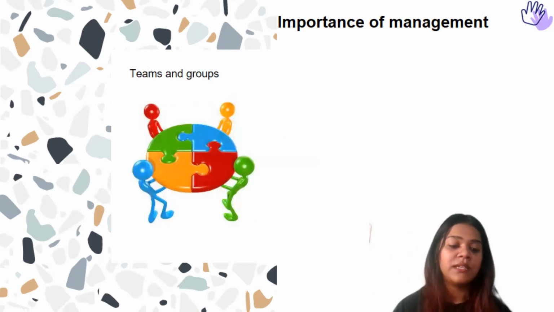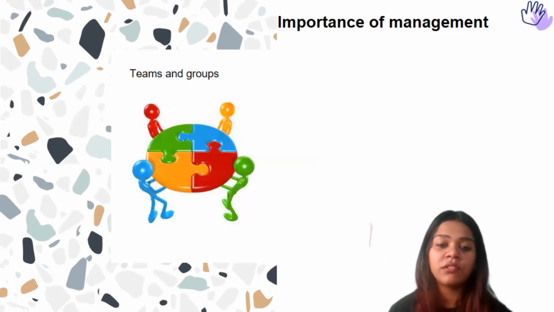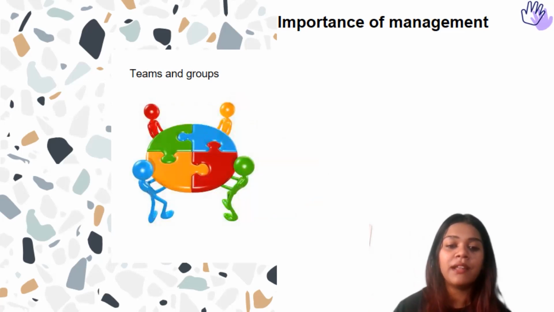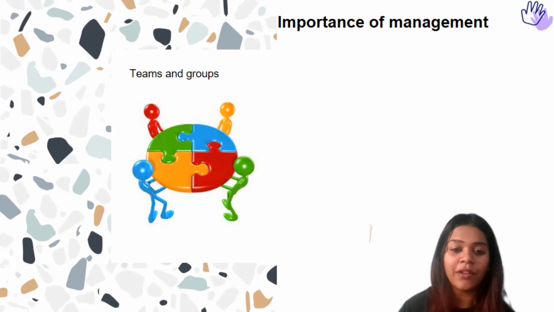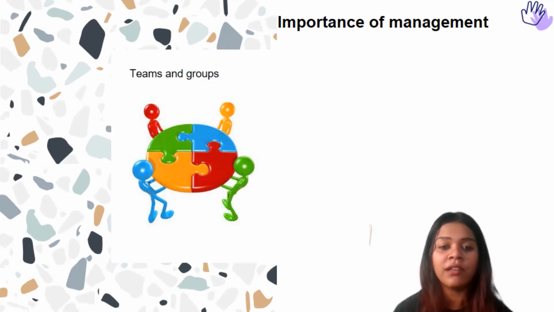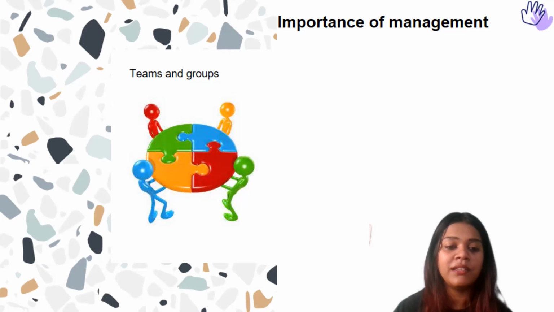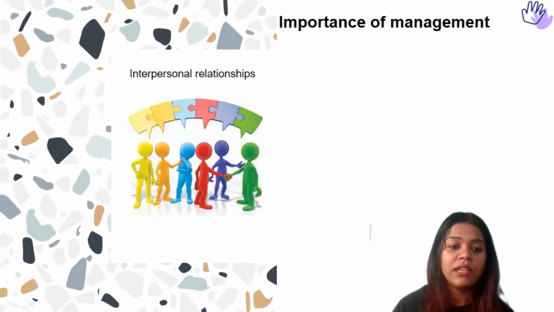Next comes the teams and the group. Organizations function through teams and groups. Managers provide the leadership and direct the members of the teams toward the achievement of group and organizational goals. Thus, management facilitates the achievement of individual, team, and organizational goals by leading them towards the desired objectives. It helps in maintaining interpersonal relationships well.